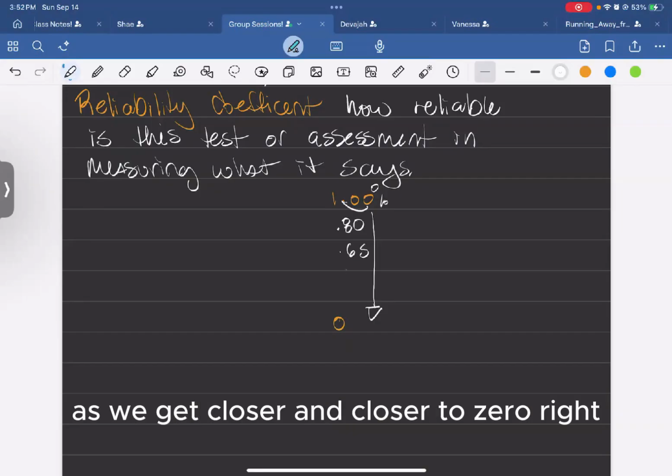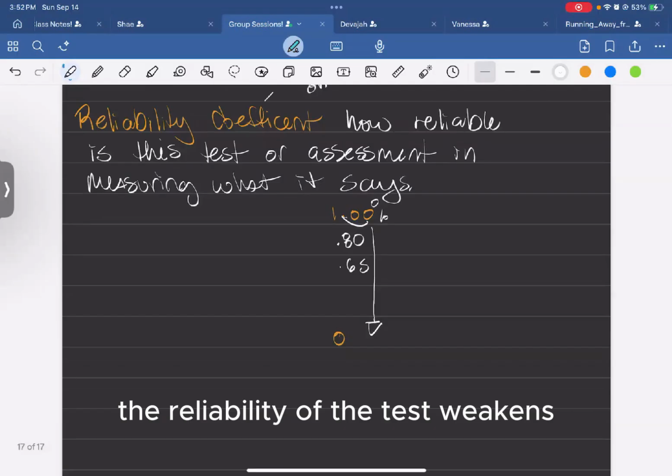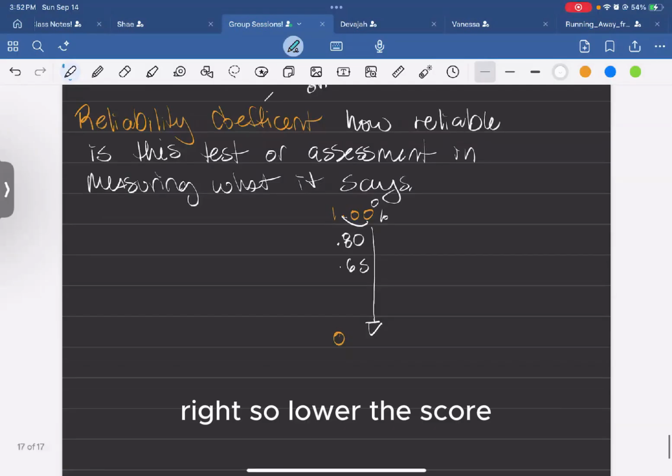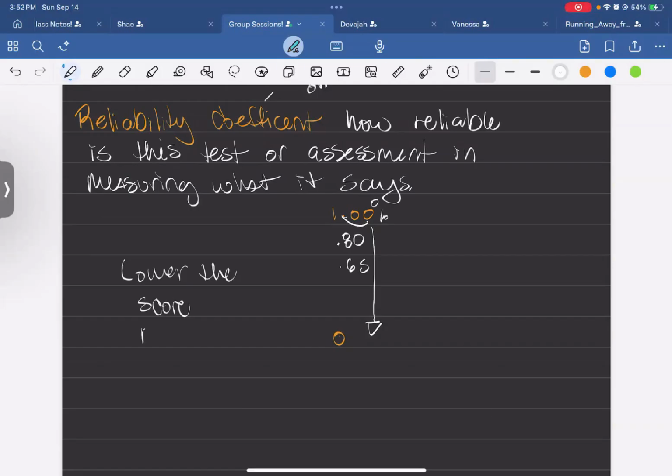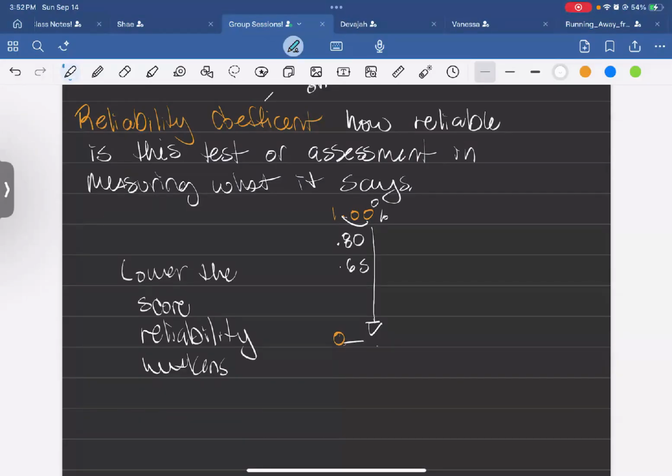As we get closer and closer to 0, the reliability of the test weakens. So the lower the score, the more reliability weakens. And then 0 just means no reliability at all.